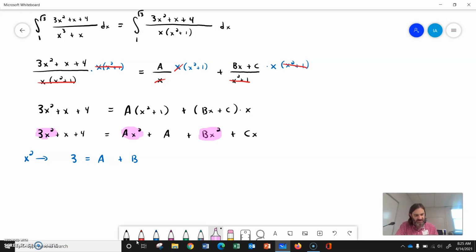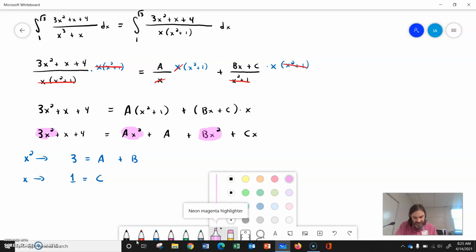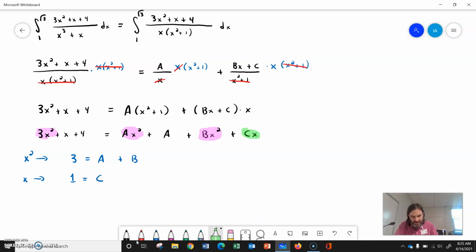And then for the x terms, let's see what I have. I have 1x on the left, and then on the right I have C of them. So that was very nice because I know C equals 1 now.